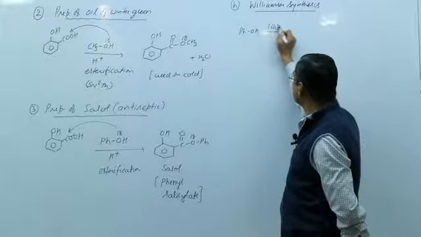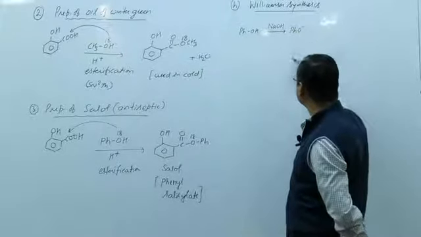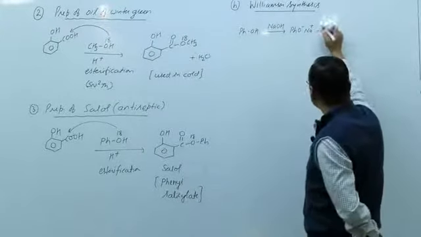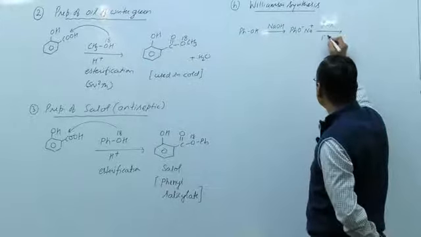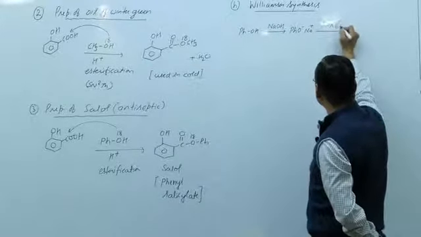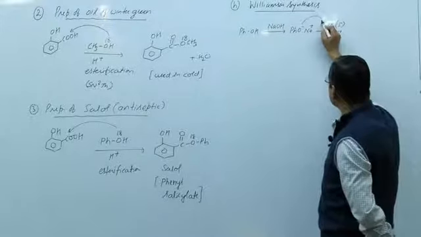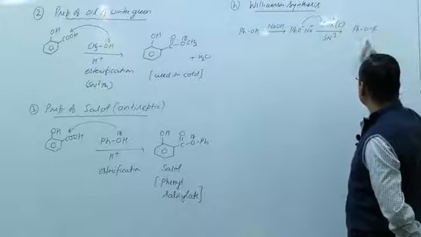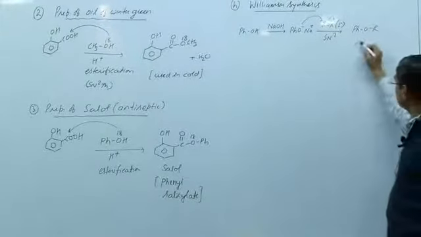Phenol is first converted in basic medium into phenoxide, and in the presence of any primary halide, mostly primary halide, by SN2 reaction it is converted into ether.